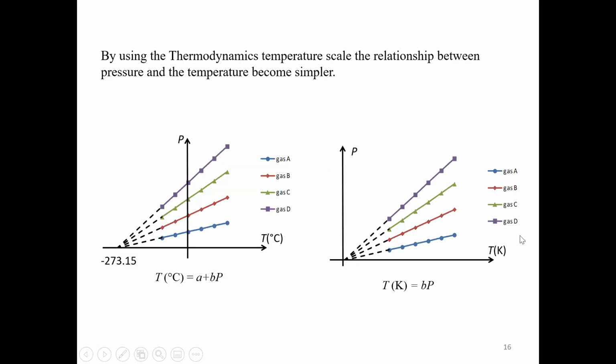This figure will just show you both scales, where they intersect for different gases and different pressures. For example, the Kelvin scale will intersect at 0 Kelvin.